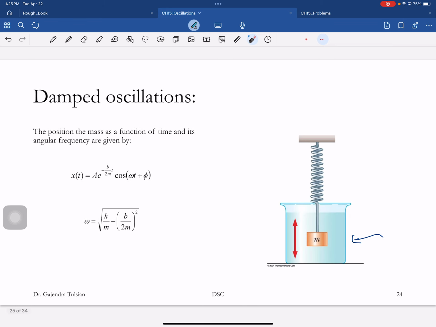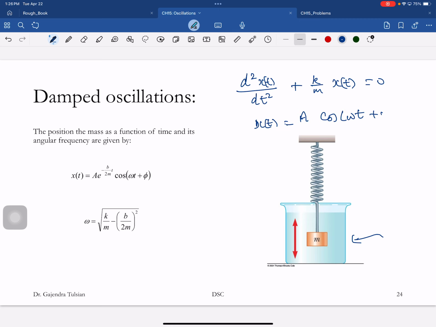All right, here is a solution. Okay, so there was the model without friction. And so this was d and omega squared was k over m. Okay, and the solution was x(t) equals A cosine(omega t plus phi).